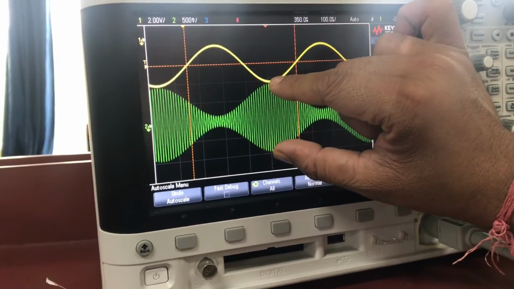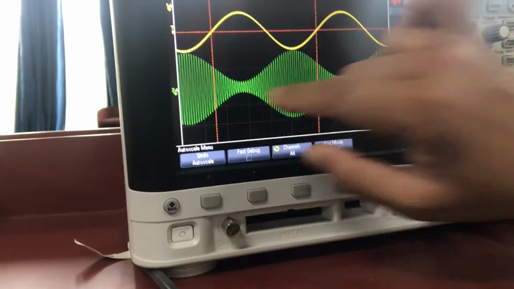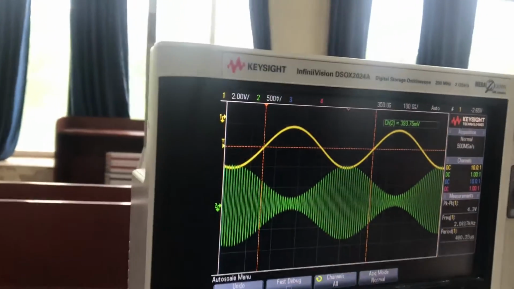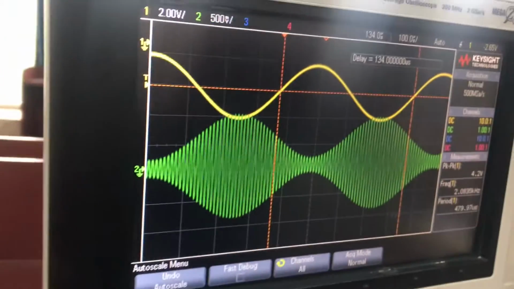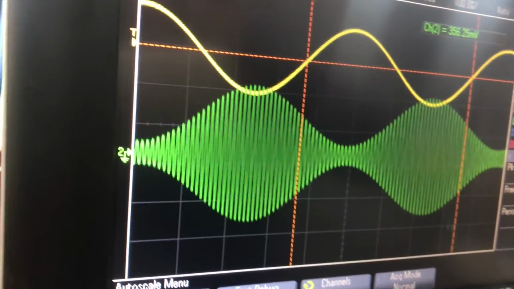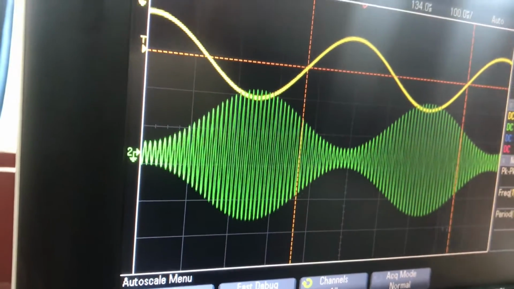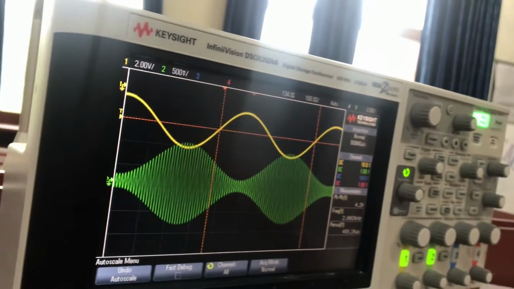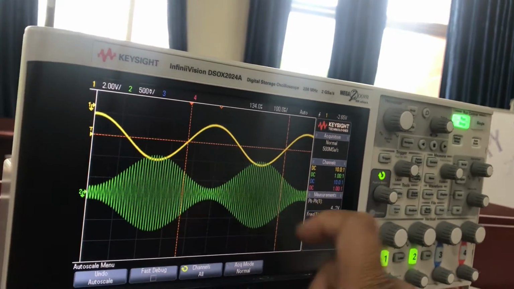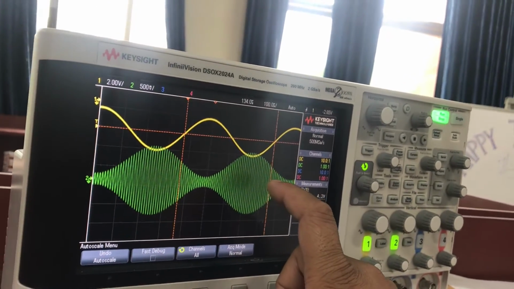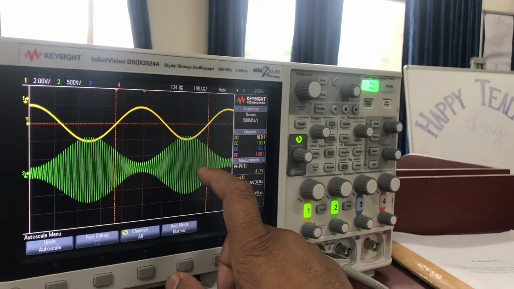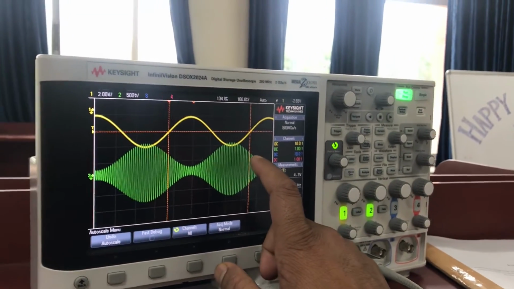So this is P, 4 into 0.5, and for Q, around 0.6 into 0.5. So this will be P and Q, and again find out the M value and decide which type of modulation. If it is less than 1, it is under modulation; if greater than 1, it is over modulation.